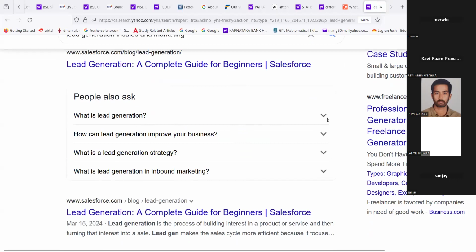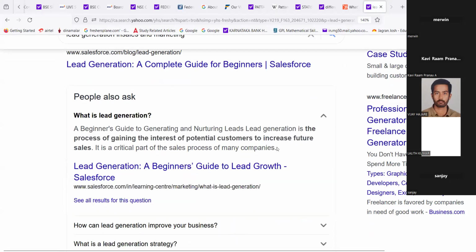What is lead generation? Arey baba, for everything there is a question. A beginner's guide to generating and nurturing leads. Lead generation is the process of gaining the interest of potential customers to increase future sales. It is a critical part of the sales process of many companies. The process of gaining the interest of potential customers.